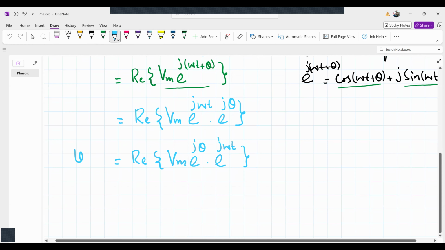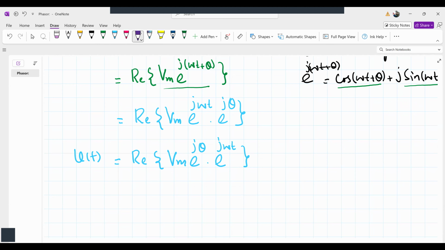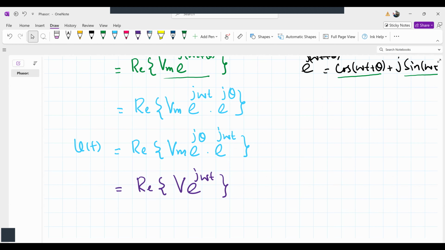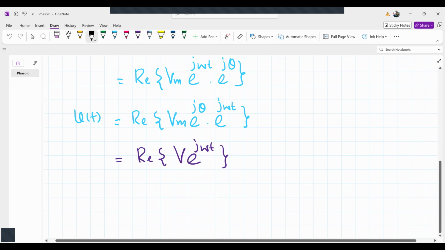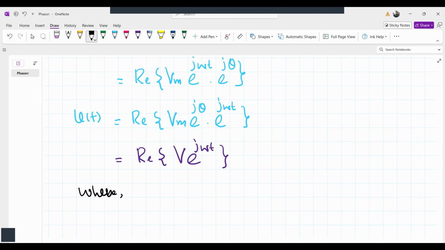So our voltage is equal to this, which can be written as the real part of V e to the power of j omega t, where capital V is equal to Vm e to the power of j theta.